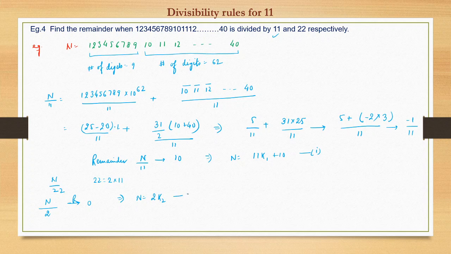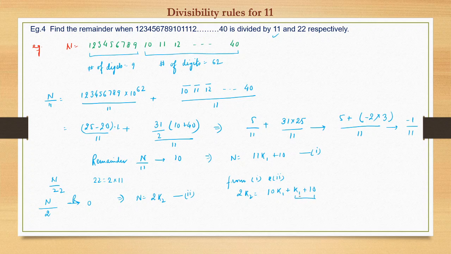This is first, this is second. So from first and second, I can write that 2k2 is nothing but 10k1 plus k1 plus 10, right? The LHS is a multiple of 2, so the RHS should be a multiple of 2. So this term should be a multiple of 2.